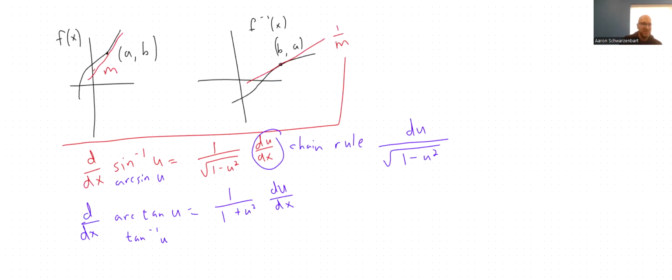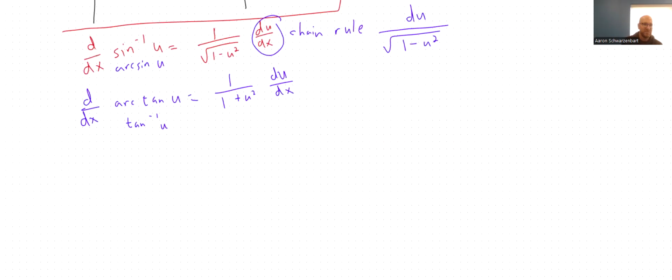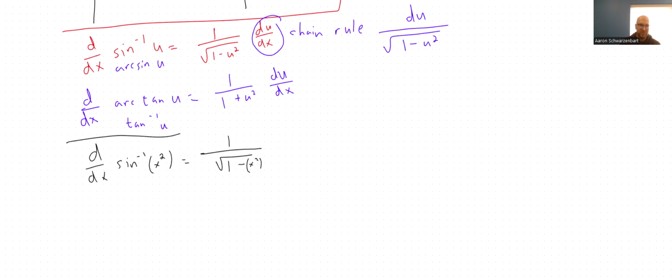So, if I am looking at, say, this problem, and I need to find the derivative, I take 1 over the square root of 1 minus x squared squared, times the derivative of that u, which is 2x.